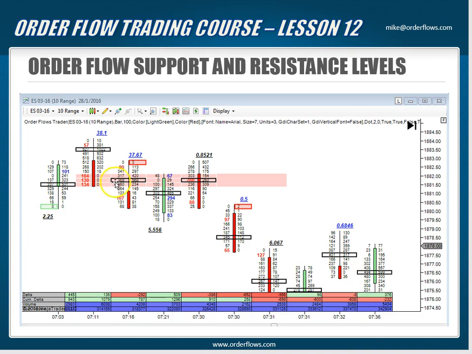But if you're trying to pick an individual level and say, okay, the middle of this selling imbalance is going to be my level, and if we get on the other side of it by a tick or two we get out, well, you know that you have this level up here, this point of control to hide behind. And we traded literally into the middle of the zone, and we tested it again before selling off.